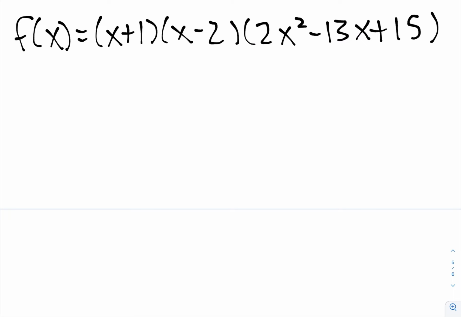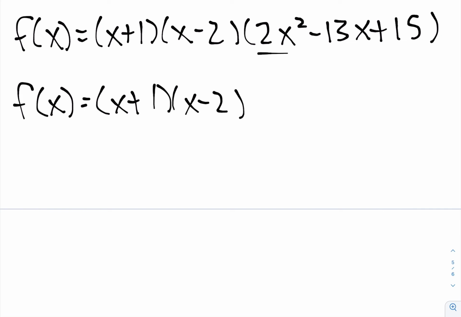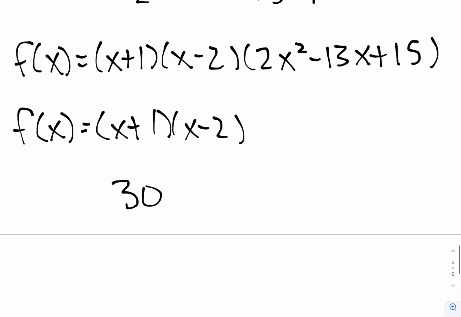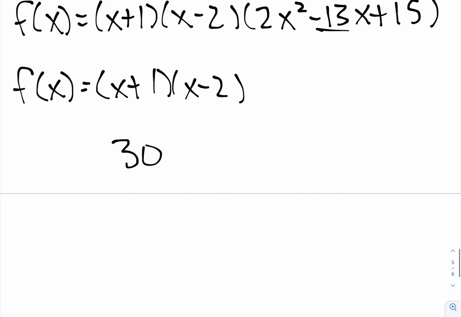Instead of doing synthetic division, let's factor this how we know to factor quadratics, to mix up our methods. So we have x plus 1, x minus 2. To factor 2x squared minus 13x plus 15, remember we multiply the 2 and the 15 together to get 30. Then we think of two numbers that multiply to 30 and add to negative 13.